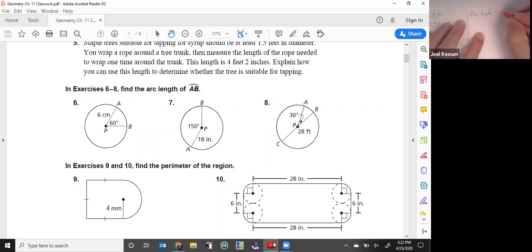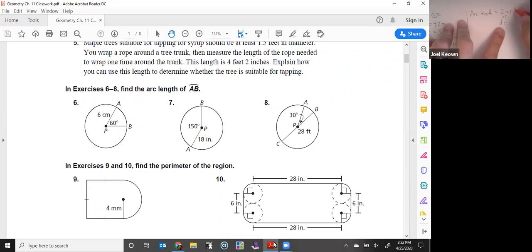Just like circumference, it's 2 pi r, or diameter times pi, either one. But we're only using some of the circumference, not all of it. If we're in degrees, like these are, I know that all the way around is 360.